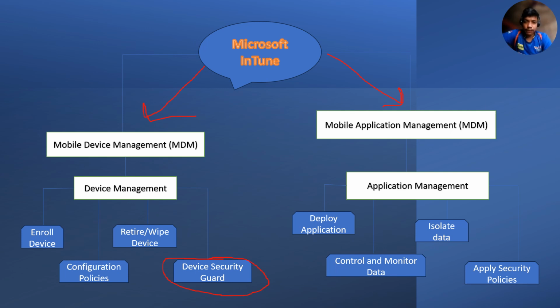If we have something crucial and important in our place, we station a security guard to secure it. The same thing applies with Microsoft Intune in an organization. Microsoft Intune also works as a security guard for a device or application.